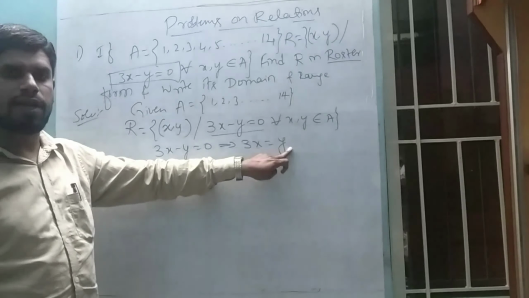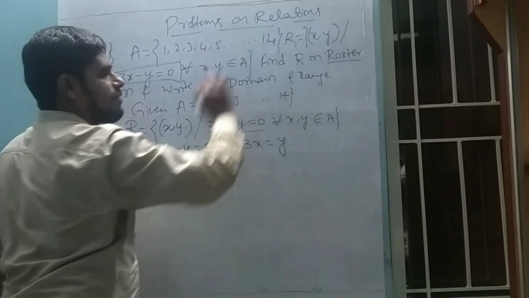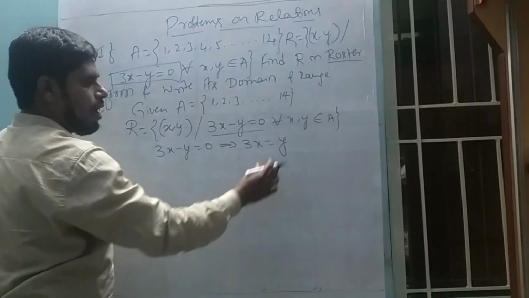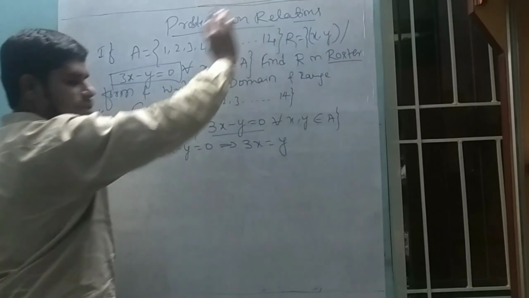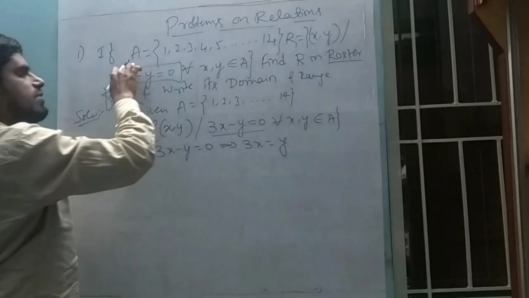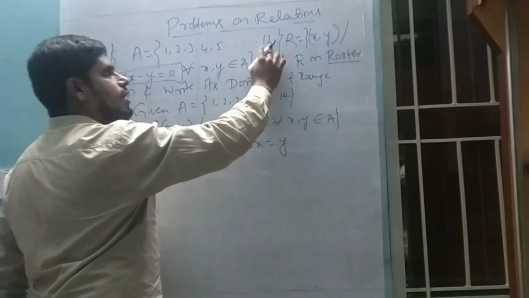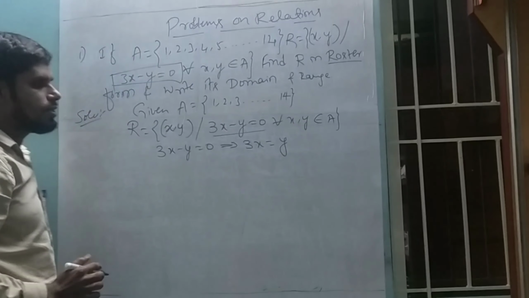While giving values to x, there is a condition. I cannot put x as more than 14. Like that, y also should be less than or equal to 14, because I know 1 to 14 are the elements of set A. If any number comes more than 14, I don't know that, so I cannot accept it.